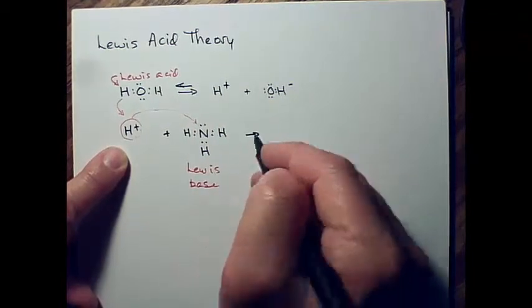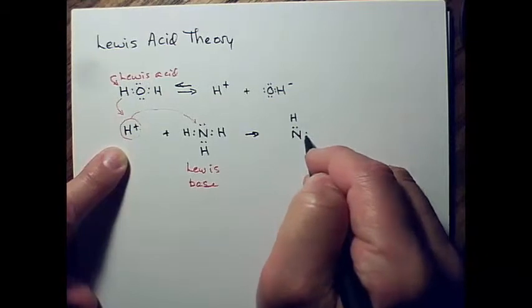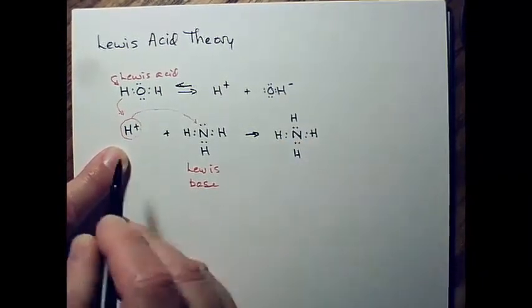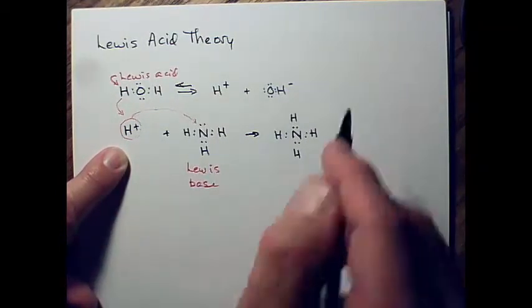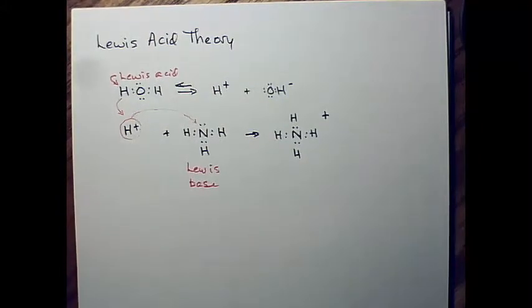So what we're actually forming then is ammonium. Because I brought a positive charge to this neutrally charged particle, this particle has a positive charge. So that's ammonium there.